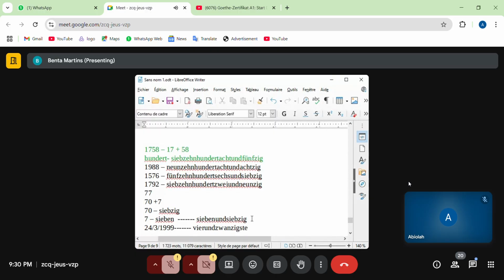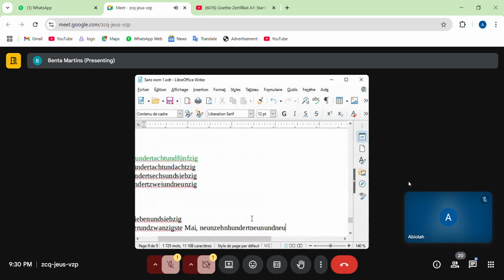So 24. Mai, 1999, neunzehnhundert neun und neunzig.